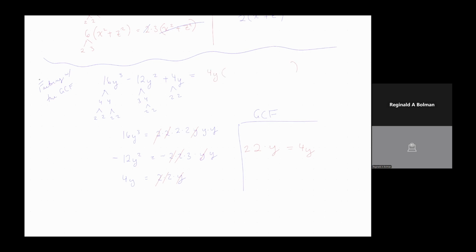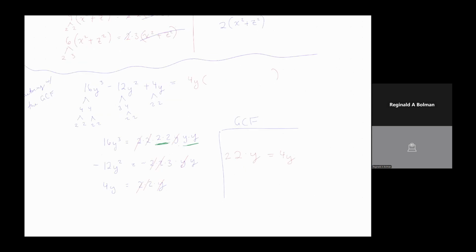we are going to write what remains of the expression. You'll see that you've got 2 times 2 and y times y. Right here, you've got a negative sign, a 3, and a y.